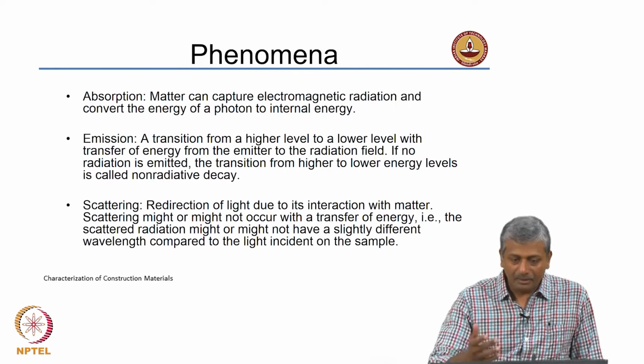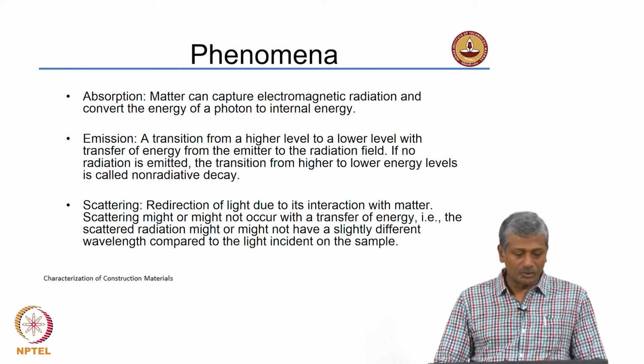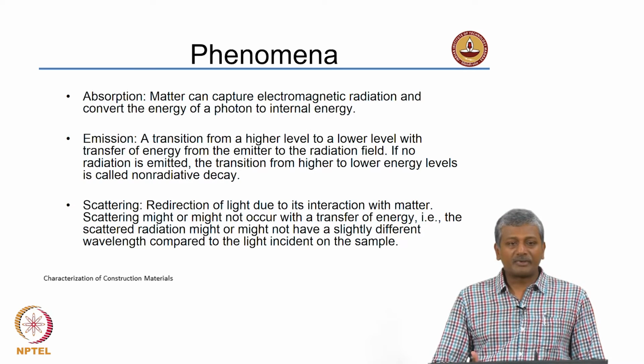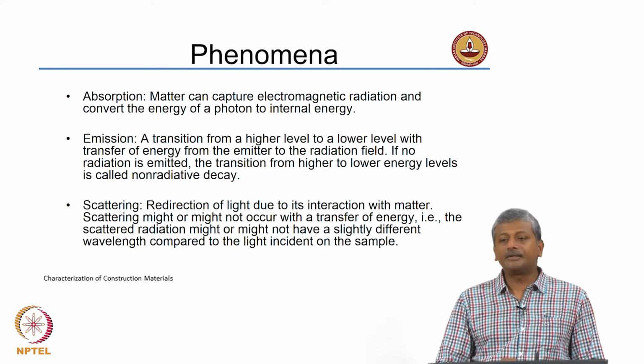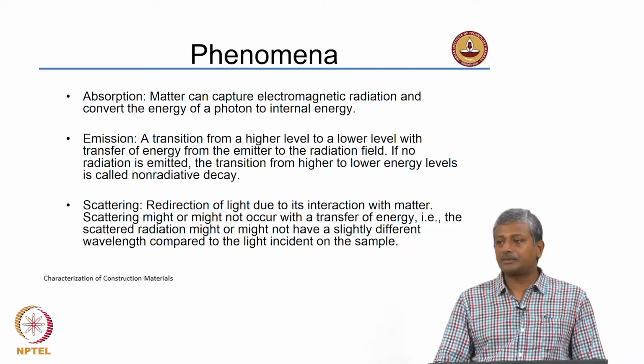Alright. So, different phenomena are involved as far as interaction of electromagnetic radiation with matter is concerned. You know these phenomena quite well. Absorption is nothing but absorption of the electromagnetic radiation and conversion of the energy of the radiation into internal energy. That internal energy can do anything. That internal energy could lead to transitions in the electron shells within the atom, right.